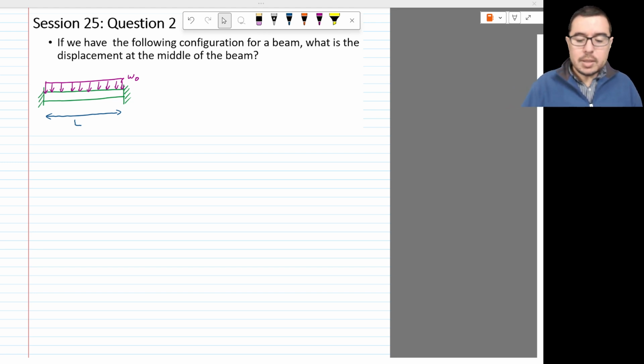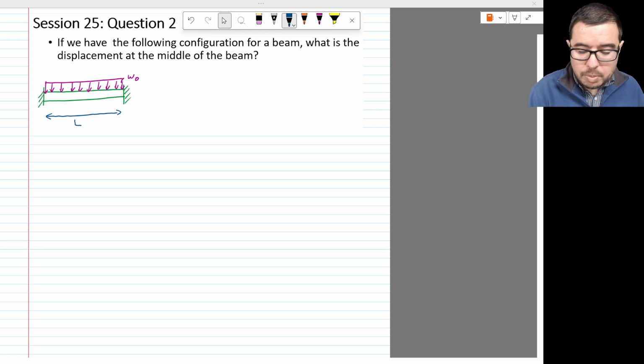One simple way to determine whether a system is indeterminate or determinate is to think about the possibility of being able to remove boundary conditions or constraints that would allow the system to still be in static equilibrium.